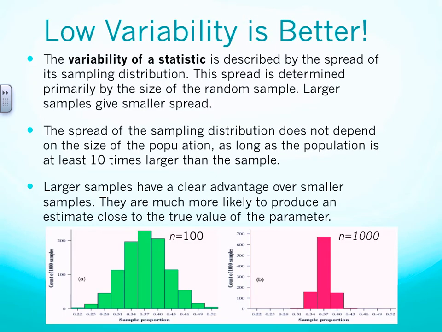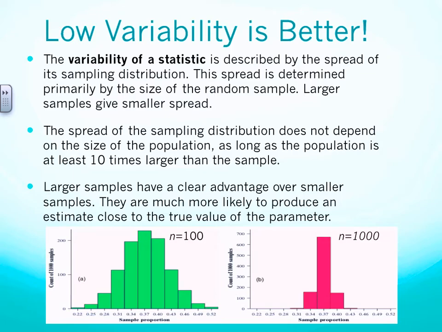Okay, so the lower the variability, the better your sampling distribution will be. So the variability of a statistic is described by the spread of its sampling distribution. This spread is determined primarily by the size of the random sample. So the larger samples will give a smaller spread.